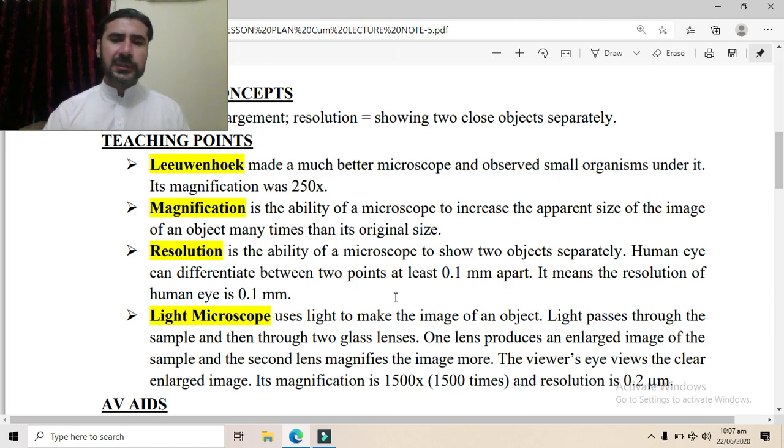It means that the resolution of the human eye is 0.1 mm. So the human eye can observe all those things which have a distance of at least 0.1 mm or more.